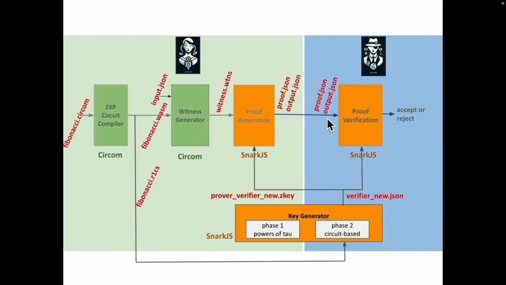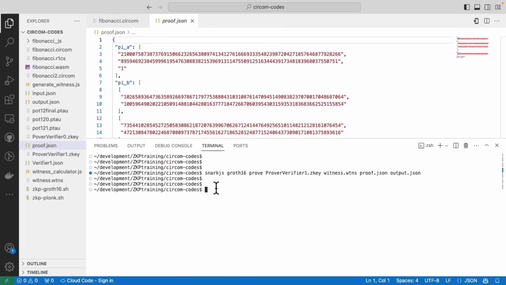Now it's time for verifier to begin the verification process. If the proof is valid, the verifier accepts the output. Otherwise, the verifier rejects it.